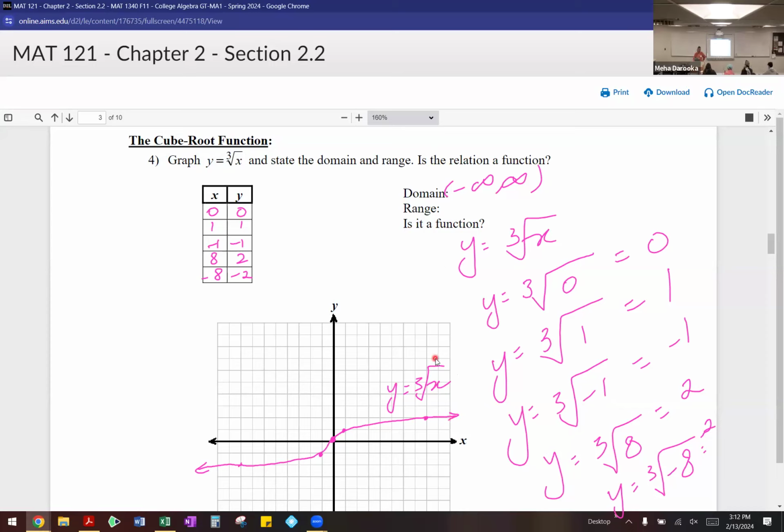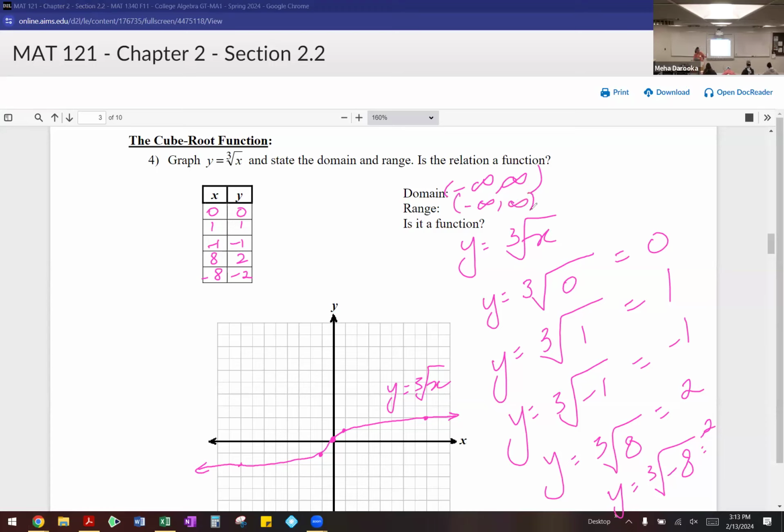Up, yeah. He's making a slow trek, but it is eventually going to end upwards, which means he's headed towards positive infinity on this side. On the left-hand side, as you are going to negative infinity on the x value, where are you headed on the y value? Yeah, you're headed down, so you're going to negative infinity there. So yeah, same domain and range for this guy.